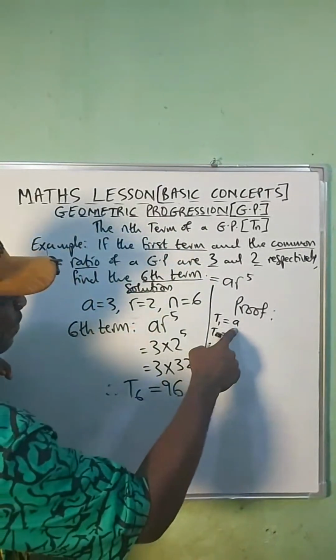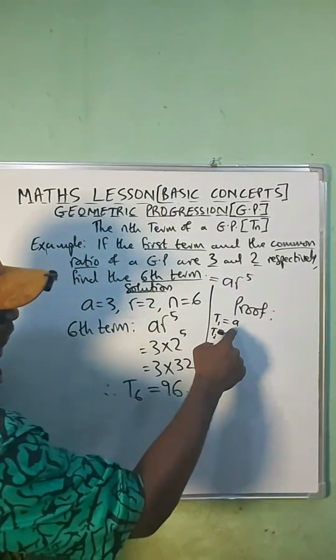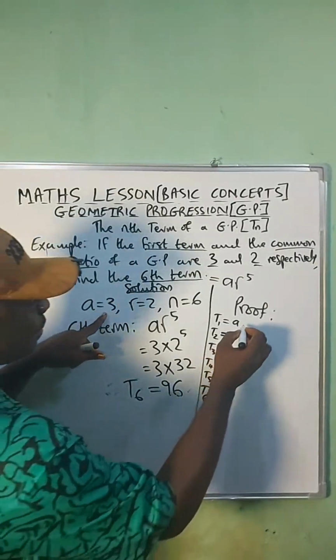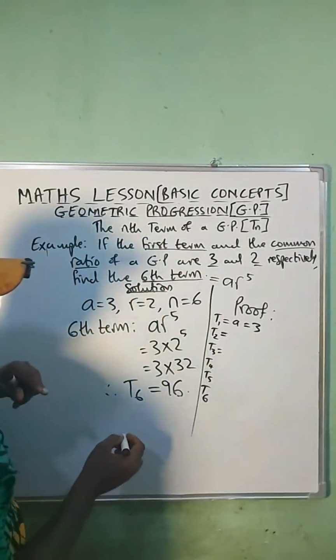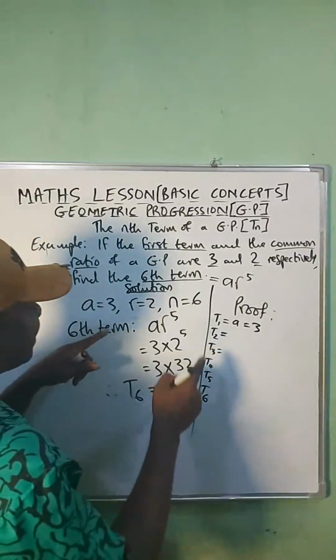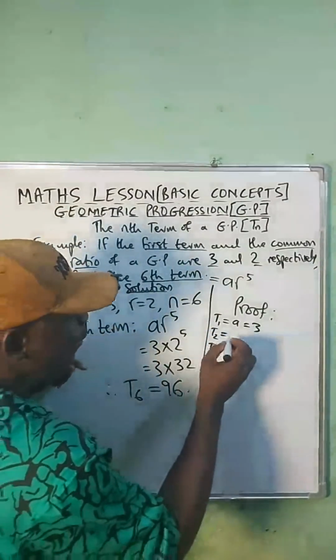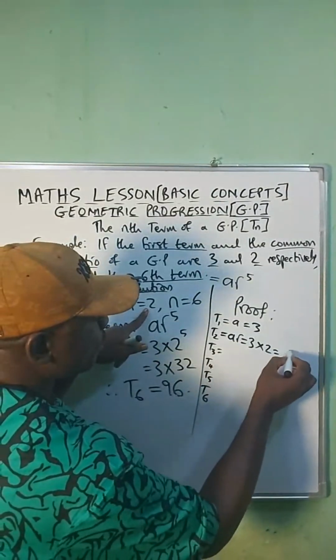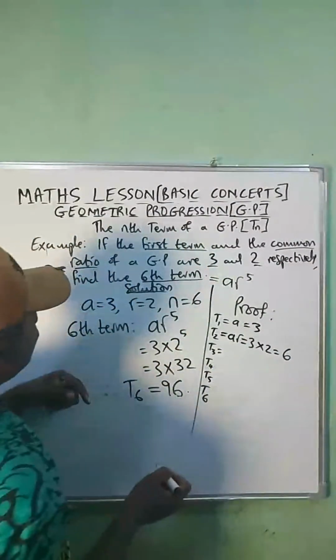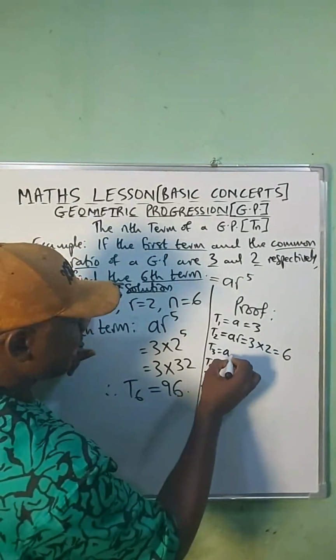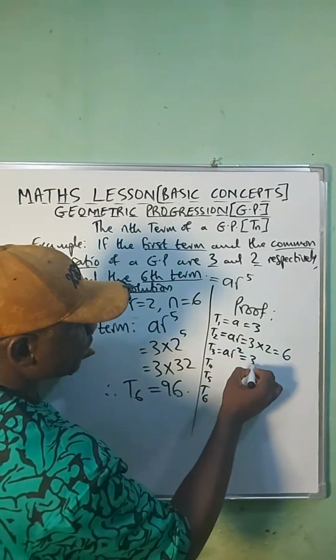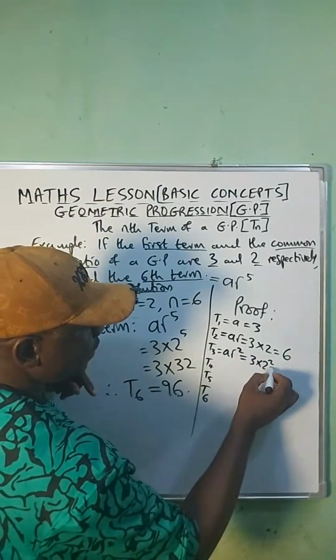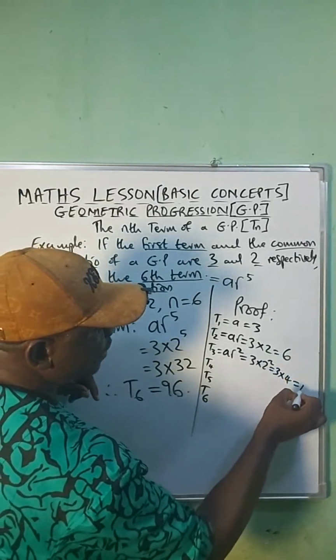So here the first term is A, and A is 3. Then to get the second term, it will be AR, which is 3 times 2, which is 6. To get the next term, this will be AR to the power 2, which is 3 times 2 squared, which is 3 times 4, which is 12.